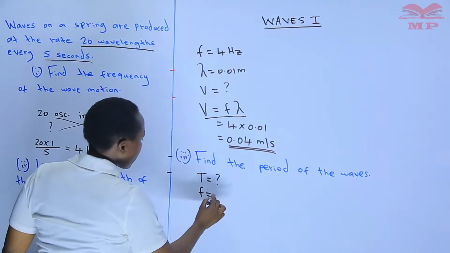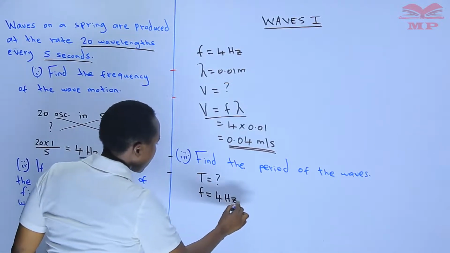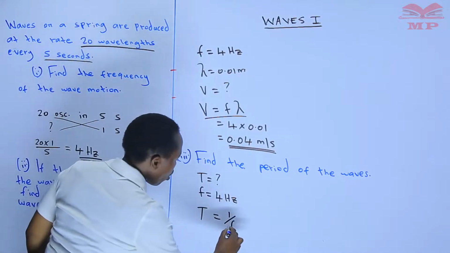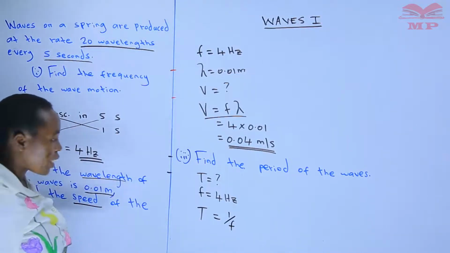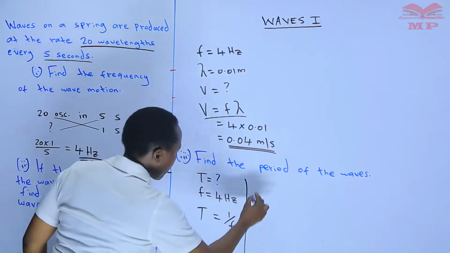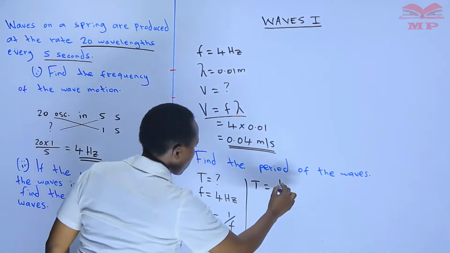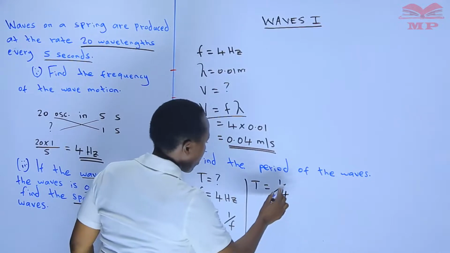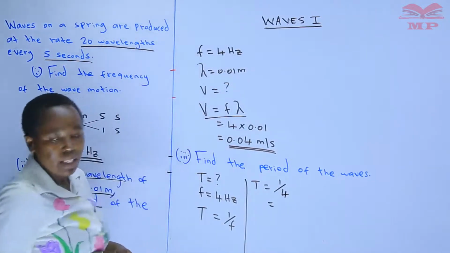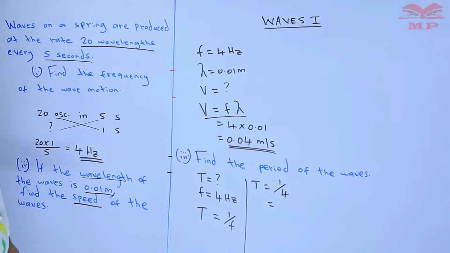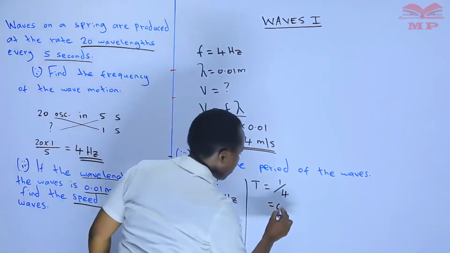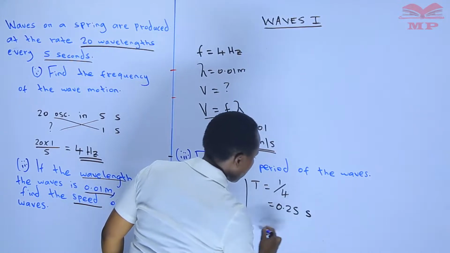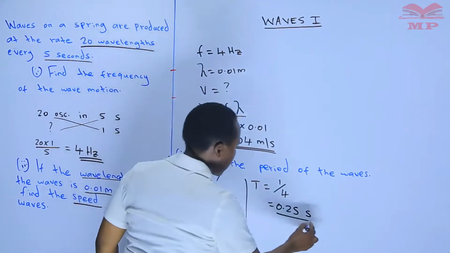We calculated the frequency to be 4 Hertz, and we know that periodic time is the reciprocal of frequency, and therefore the periodic time T is 1 over frequency, which is 4. So 1 over 4 is a quarter, which is the same as 0.25, and it is periodic time, so it is 0.25 seconds.